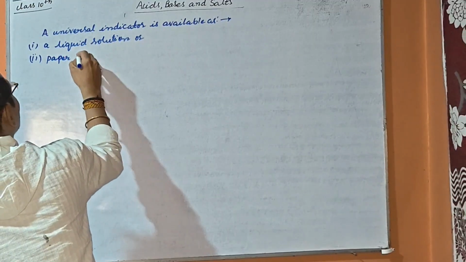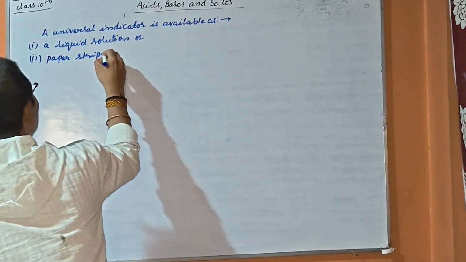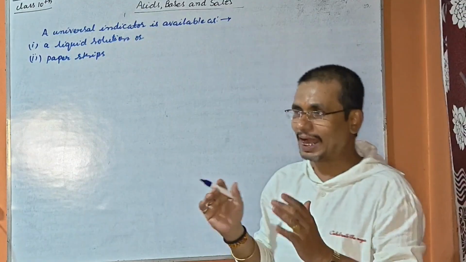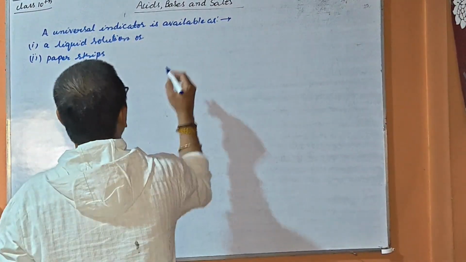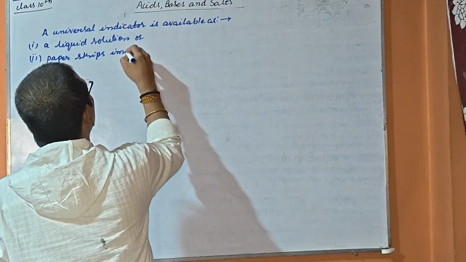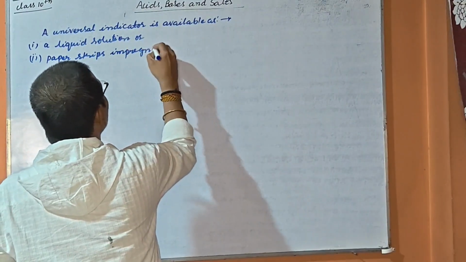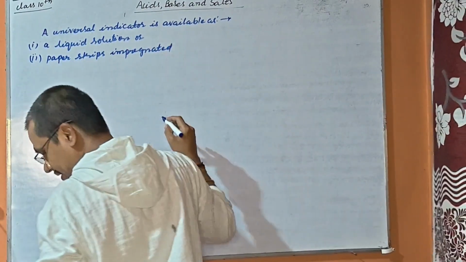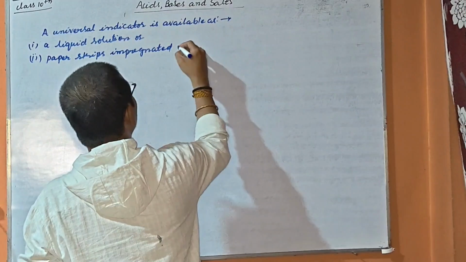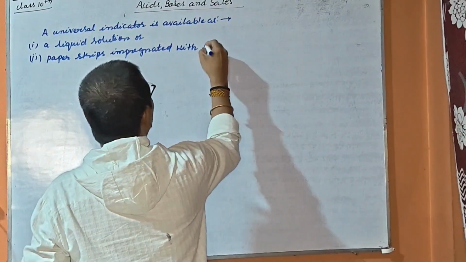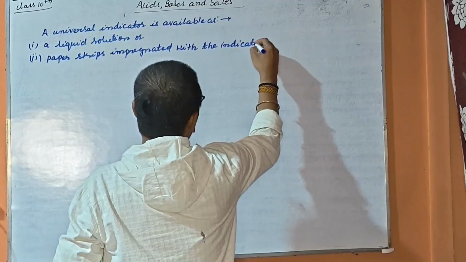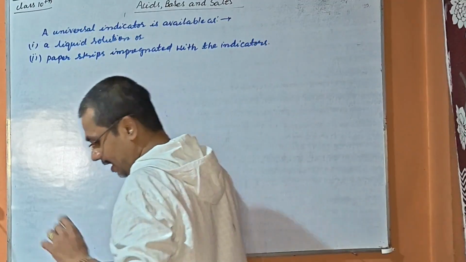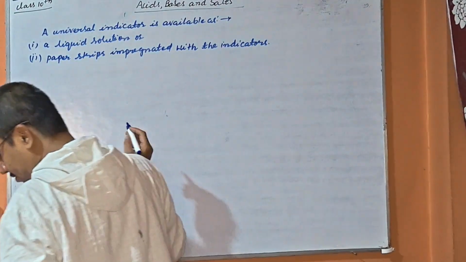Paper strips impregnated means what? It is prepared by itself, impregnated with the indicator. So it is all very important for the universal indicator, and the universal indicator is a very important topic.